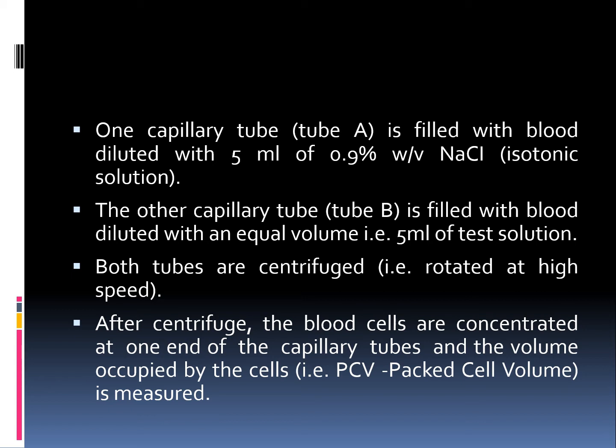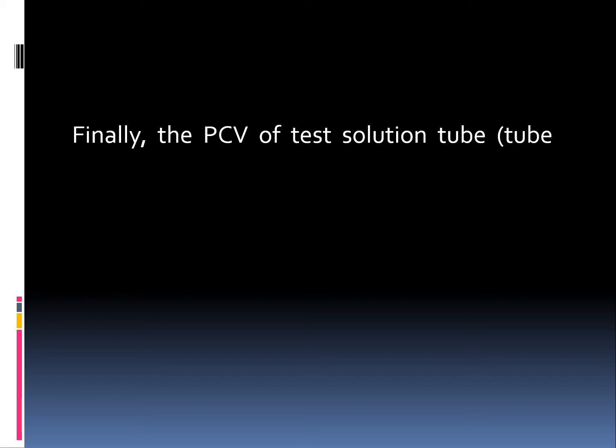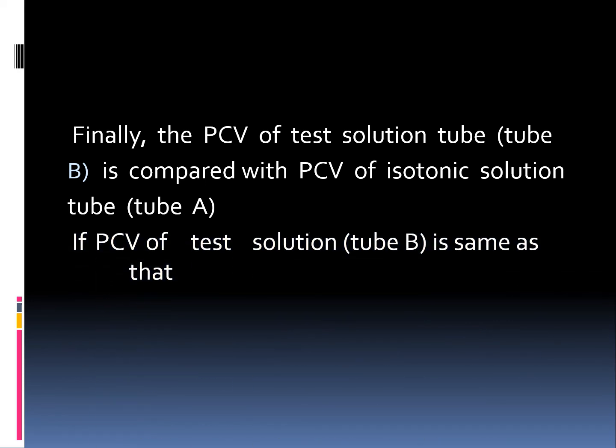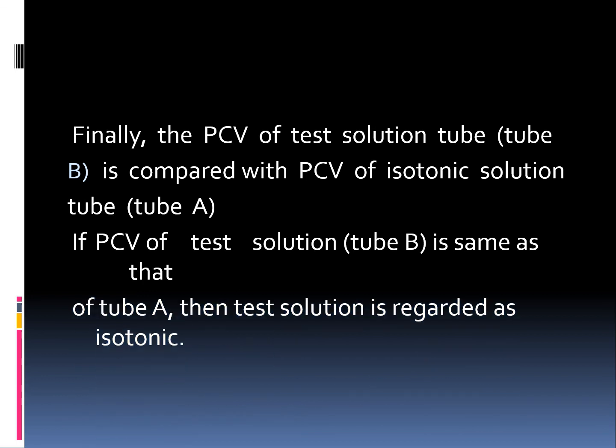This packed cell volume is measured. Next, the packed cell volume of the test solution tube is compared with the packed cell volume of the isotonic solution, which is in tube A. If the packed cell volume of the test solution is the same as that of tube A, then the test solution is regarded as isotonic.